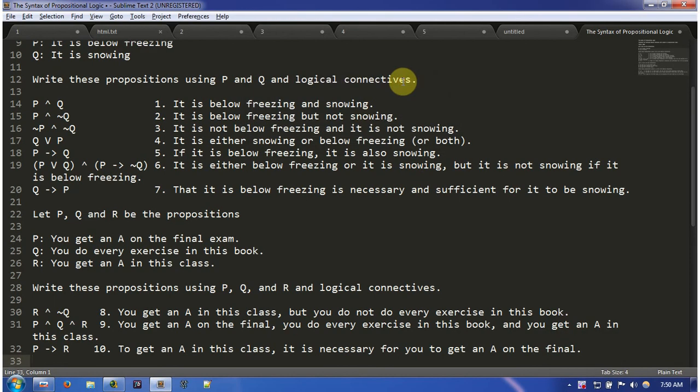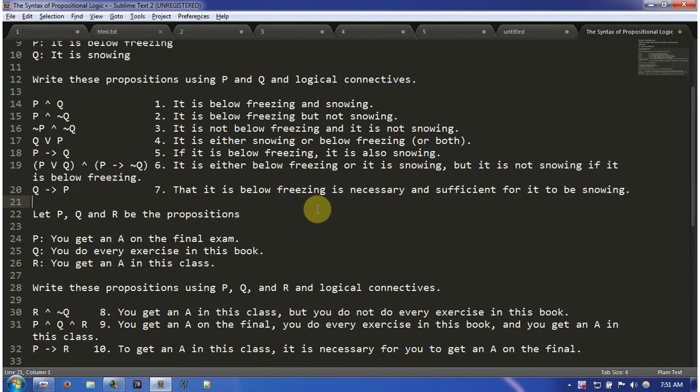Okay, so this is a portion where we'll be discussing the lies that I've told you. Let's take a look at item number 7. That it is below freezing is necessary and sufficient for it to be snowing.